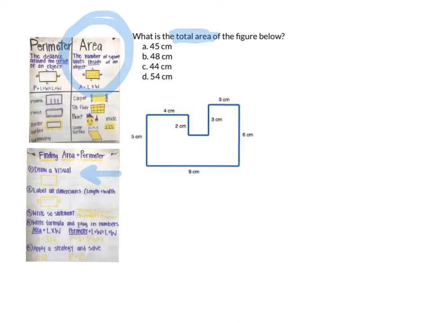So before I can find the area of this figure, I need to decompose the shape, or break it into smaller pieces. When we're doing this, we want to make sure that the pieces we're breaking it into are squares or rectangles. There are a few different ways that we could do this. I'm going to divide mine like this.